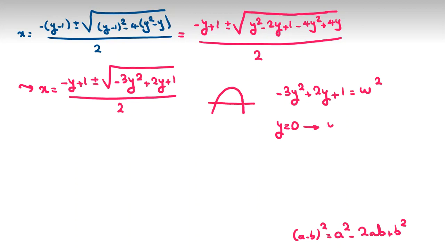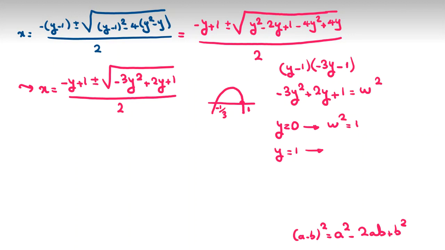For y equals 0, w squared will be 1. For y equals 1, it will be 0. If you want to factorize, (y minus 1) is one factor, and the other is negative 3y minus 1. The roots are y equal to 1 and negative 1 over 3.